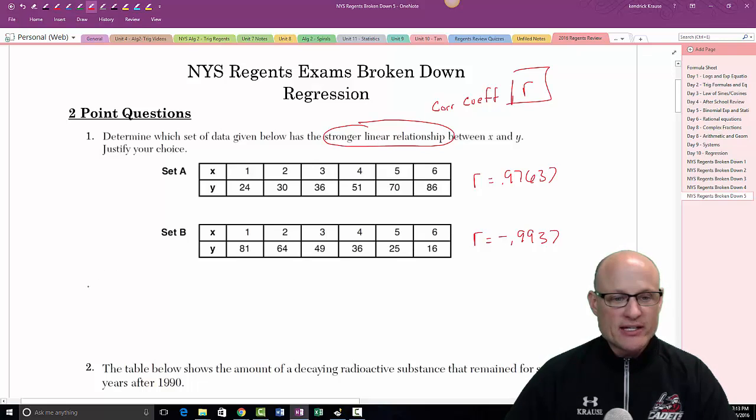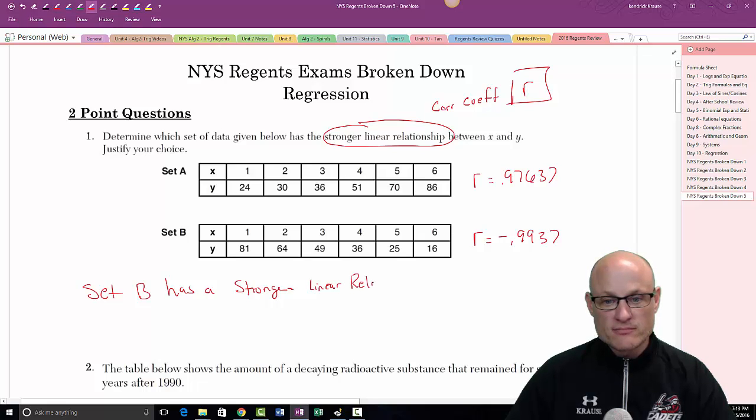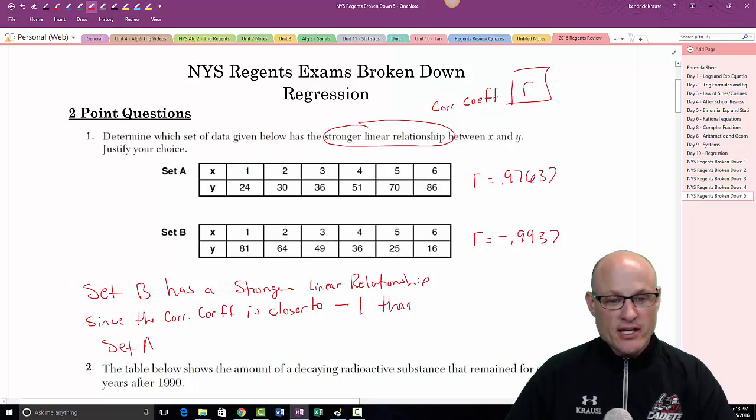So you have to say set B has a stronger linear relationship since the correlation coefficient is closer to -1 than set A is to +1.